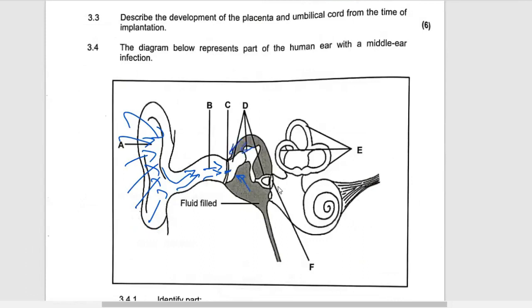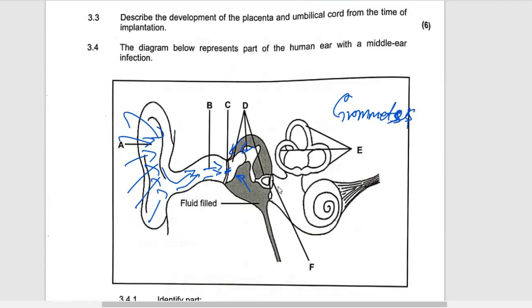After that we put that small device so that it is able to drain and make the middle ear dry. So we call them grommets. This grommets is not supposed to have the E.